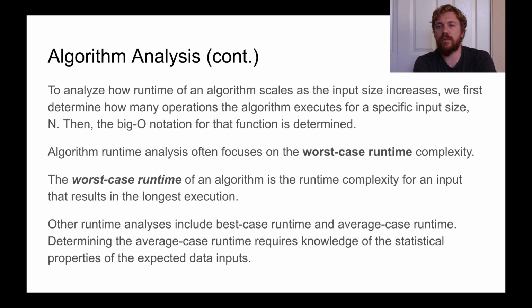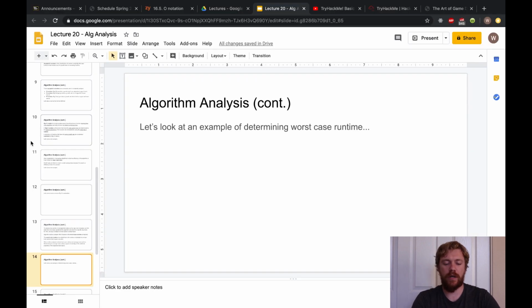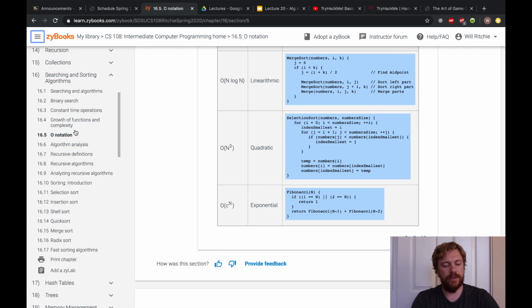So this is why we as computer scientists truly care about worst case runtime complexity. In other words, under what conditions will our algorithm take the longest to run? So we'll go ahead and take a look at determining worst case runtime. Going back to Zybooks.